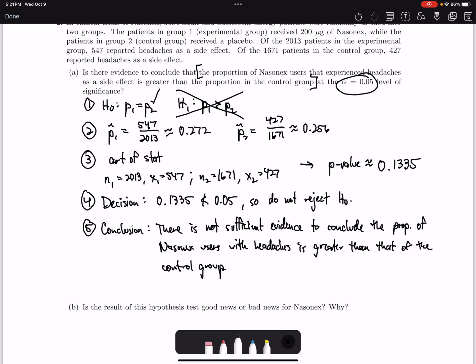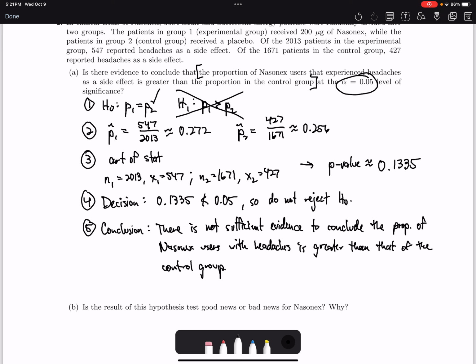If we had rejected the null hypothesis, that definitely would have been bad news for Nasonex, because what that means is that their medication probably causes headaches, right? And then, either they're not going to receive FDA approval, or it's just not going to sell as well as potentially other medications that do the same thing, because it has this nasty side effect, right?